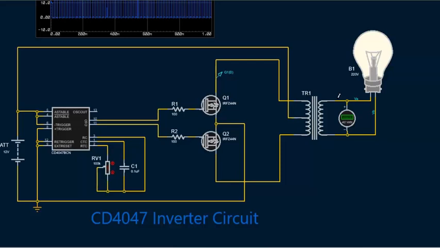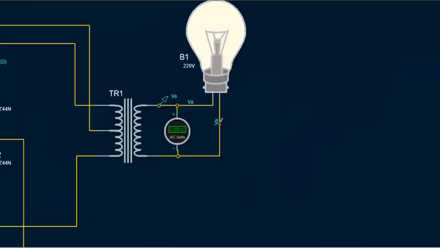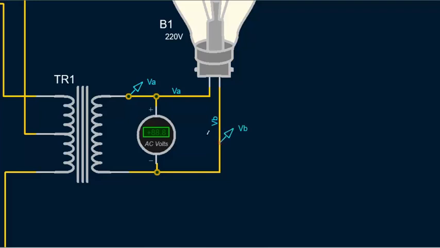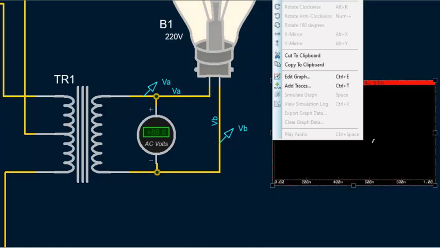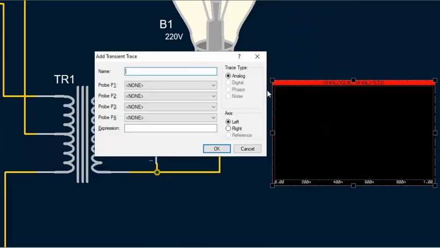Next, I will place voltage probes at the two terminals of the output AC voltage. To plot the output AC signal, which is a differential signal VA VB, we add a probe to the graph and configure the signal expression Vout is P1 minus P2.